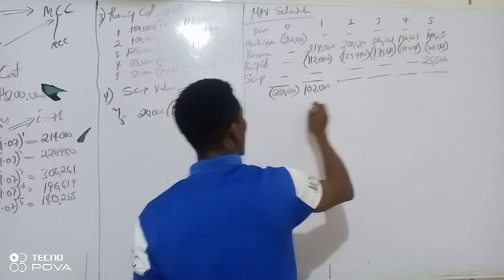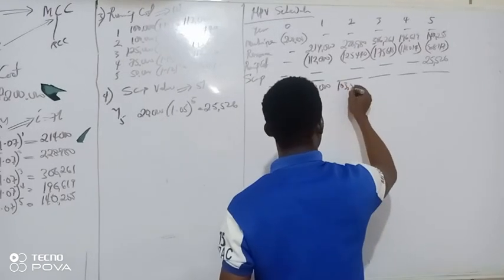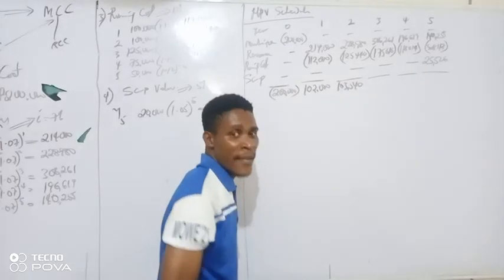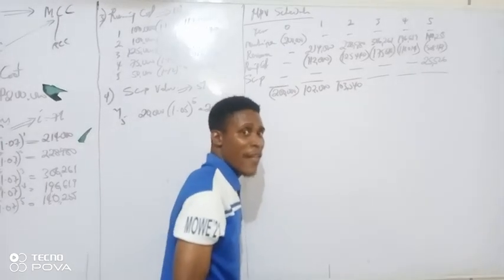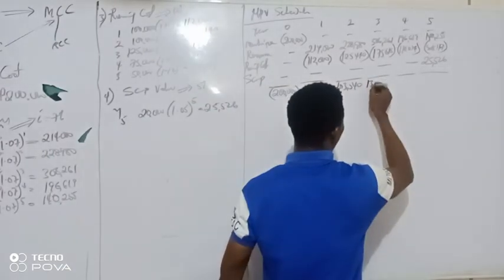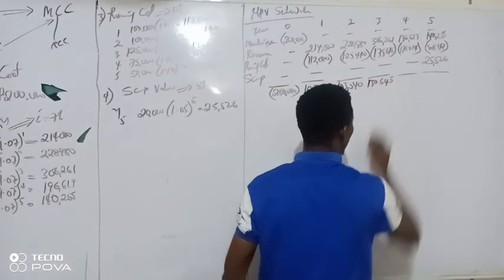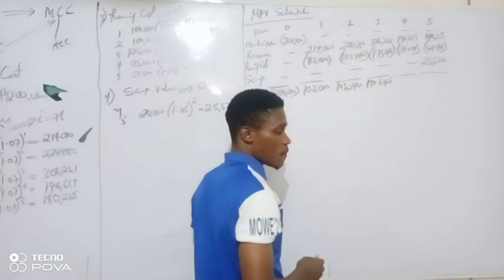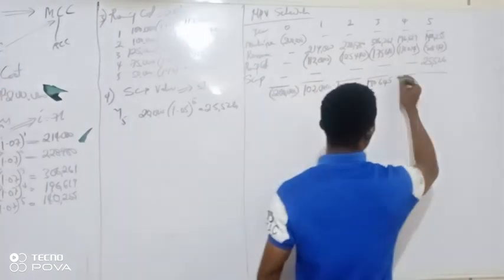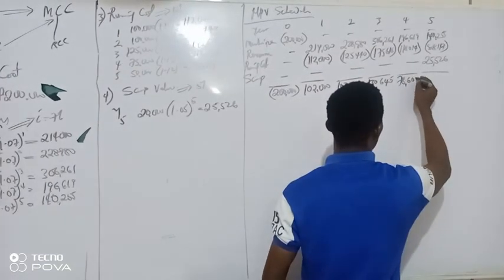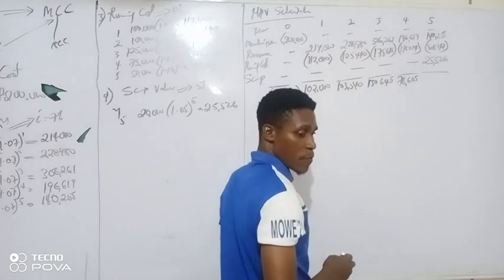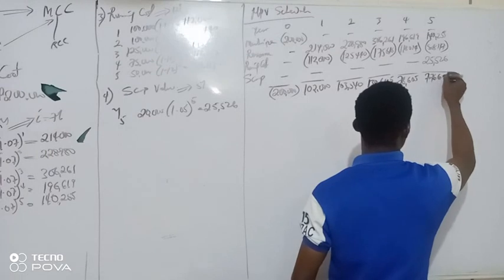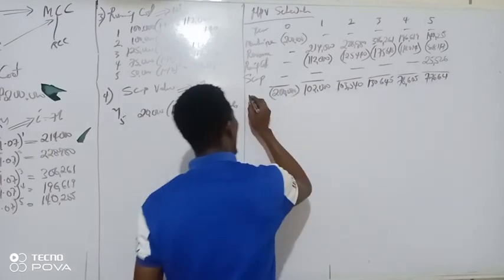Year 2, 103,540. Year 3, 130,645. Year 4, 78,605. Year 5, 77,664.